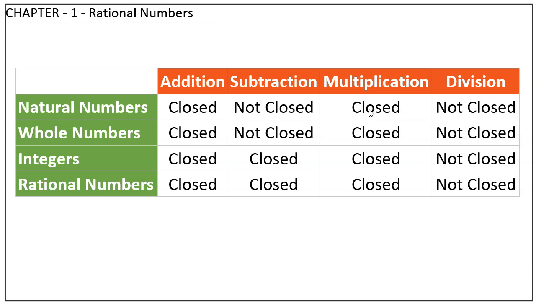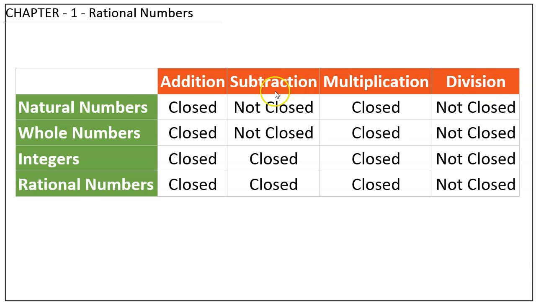But none of them are closed under division. If you can understand these three categories easily, it is very simple. Under addition, all numbers are closed. Under multiplication, all numbers are closed. Under division, all numbers are not closed.